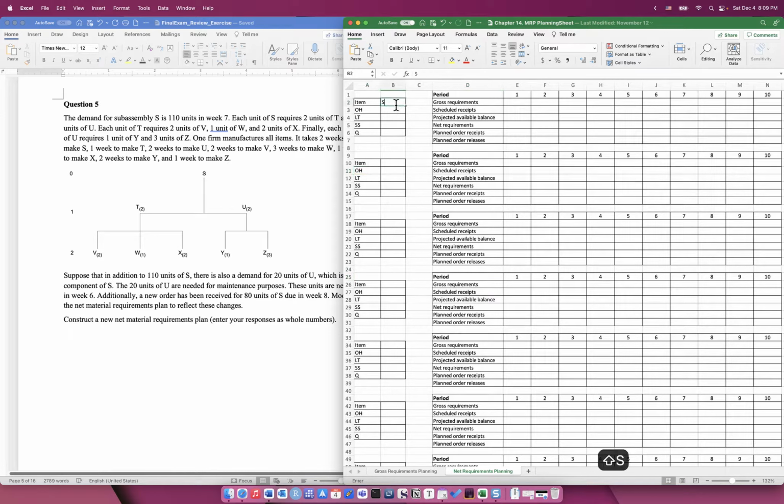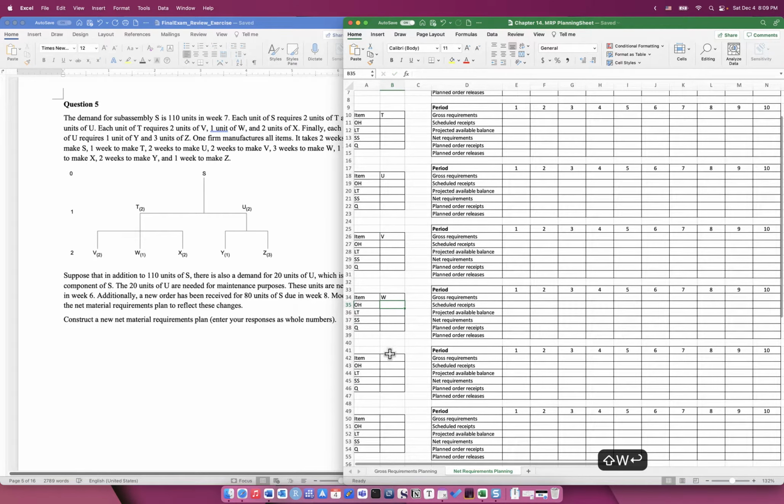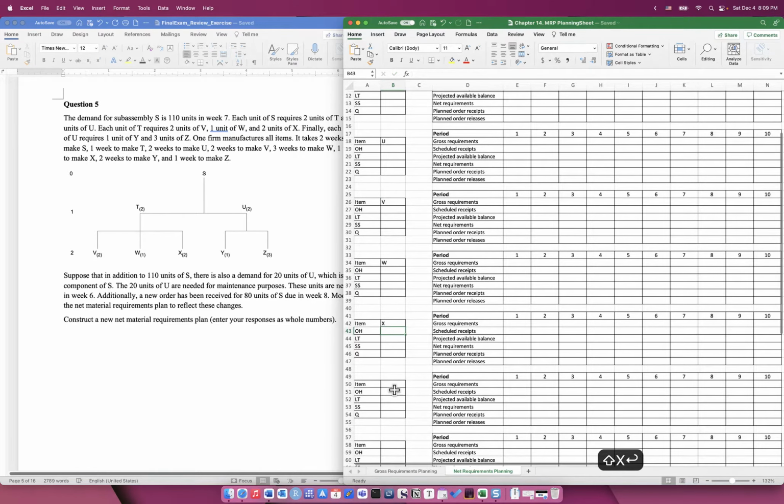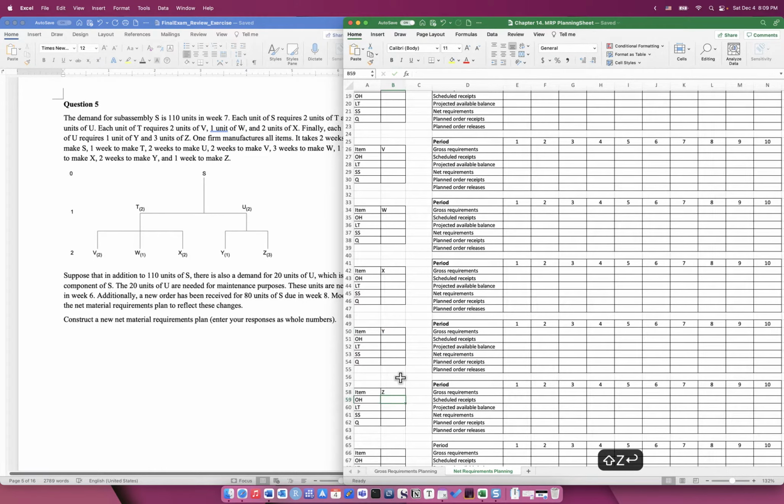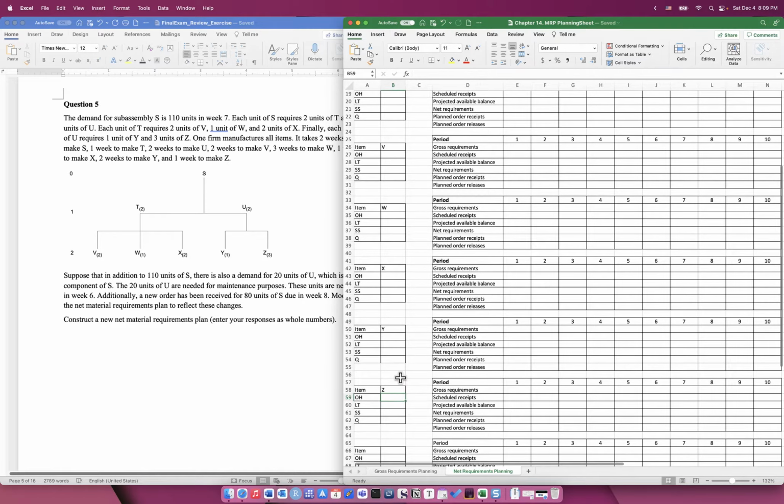We have S here, T here, U here, and then V, W, and X. We also have Y and Z. This has a lot of components.